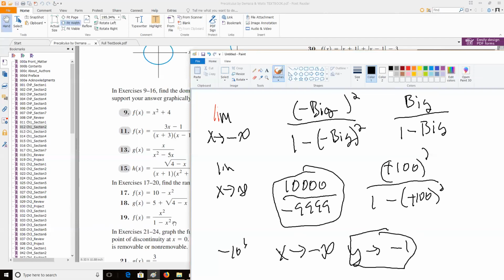So what's the domain, or what's the range? I think it's going to go to positive infinity, and it may or may not cross the line y equals negative 1. Let's see, we know there are some vertical asymptotes going on.